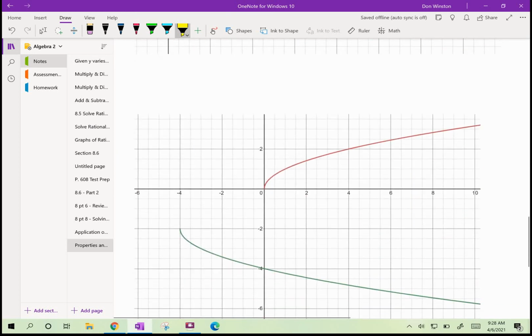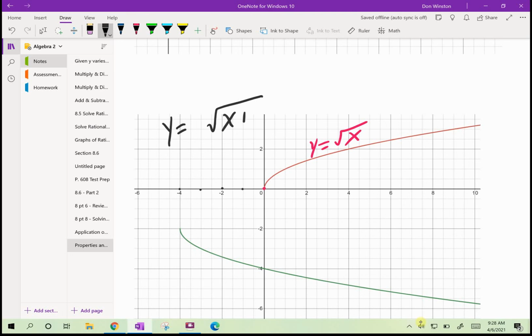Let's look at some more transformations. So again, here's my parent function, y is equal to the square root of x. So from the origin, I went 1, 2, 3, 4 units to the left. So my function is going to be y is equal to the square root of x, remember, counterintuitive, plus 4.